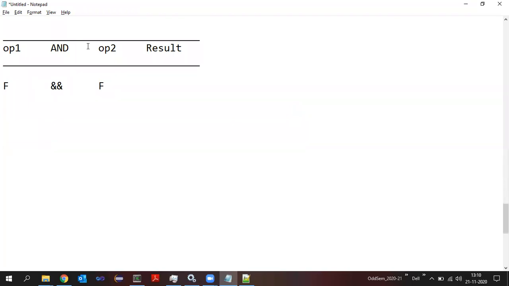In the first column, you have operand 1. The second column is the operation, right? The operation we are talking about here is the logical AND operation, then the second operand and then the result.